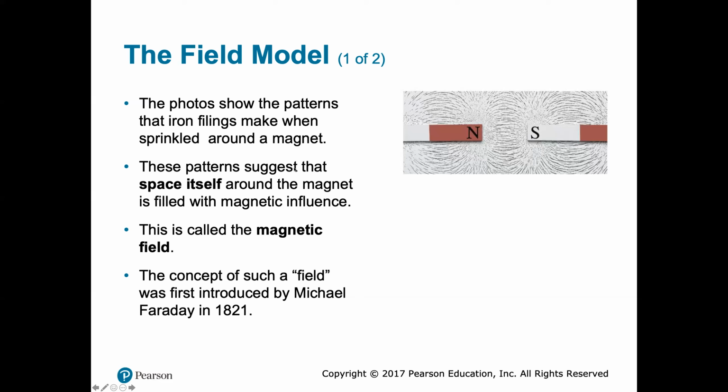These patterns suggest that the space itself around the magnet is filled with magnetic influence. This is called magnetic field. The concept of such a field was first introduced by Michael Faraday.